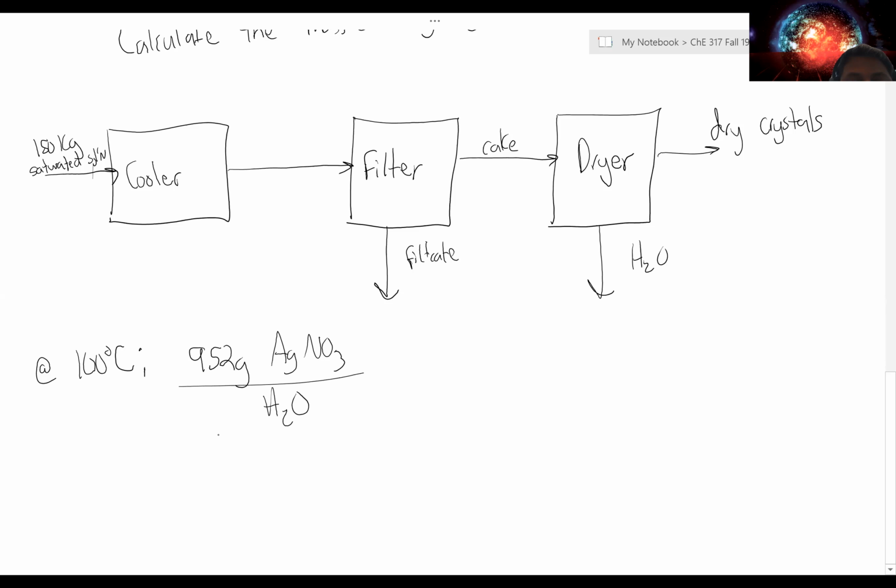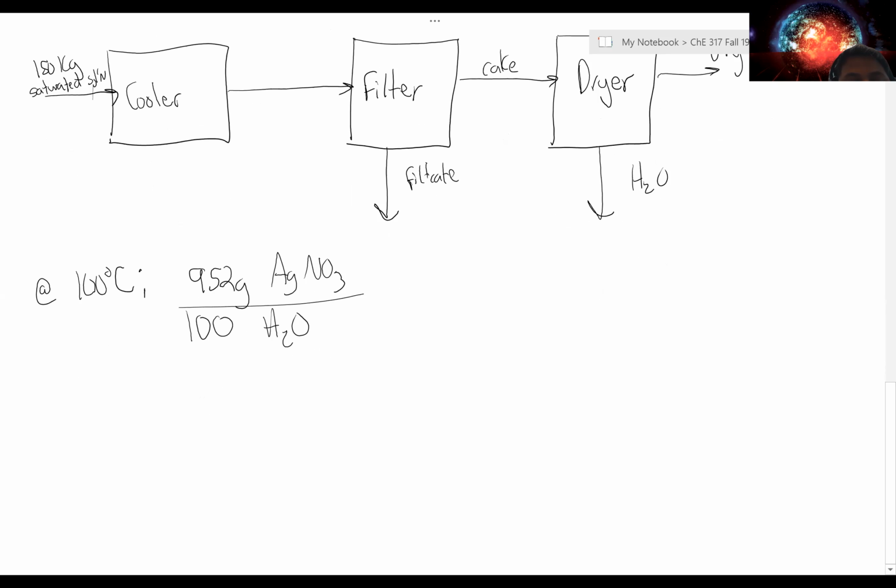Let me clean that up. This pen gets a little wonky sometimes. And at 20 degrees C, the solubility falls to 222 grams of silver nitrate per 100 grams of water.